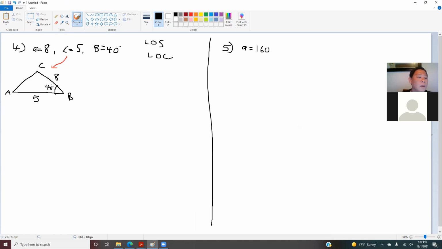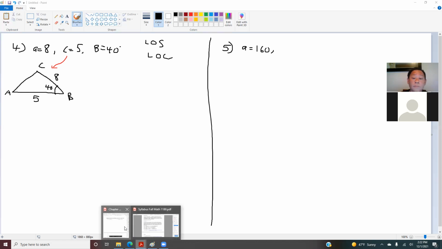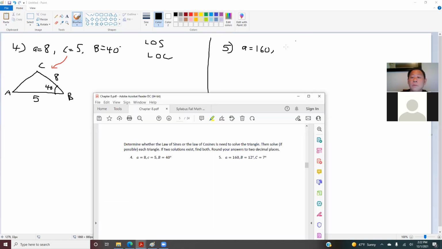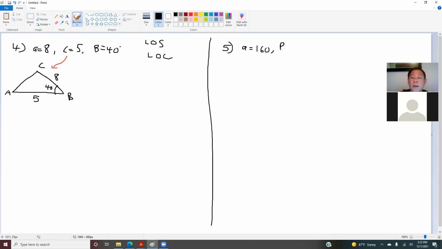That's your angle B. So can someone tell me what kind of triangle this is? What is provided to us here? Side, angle, side. This is SAS.